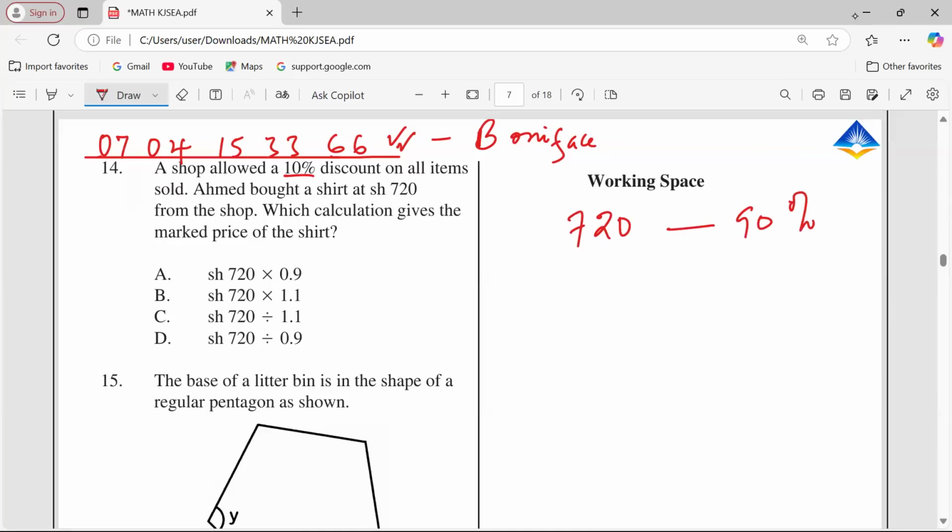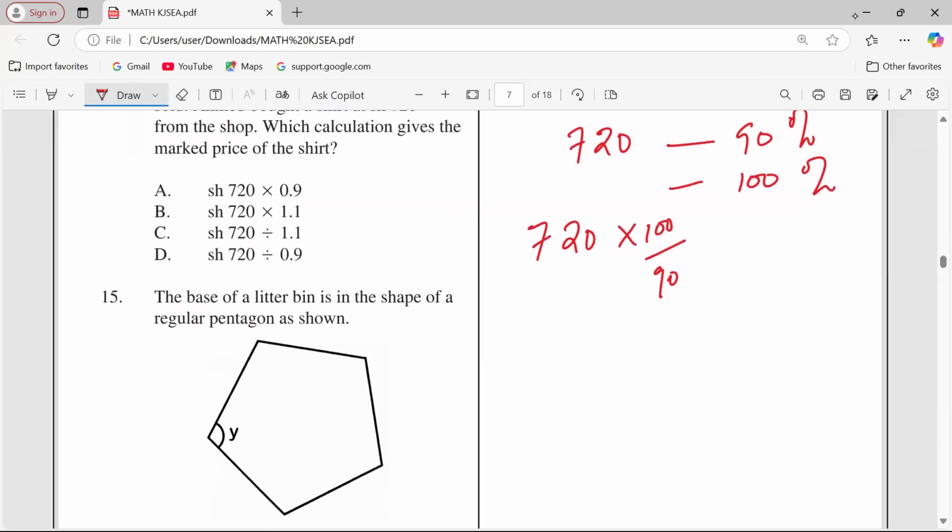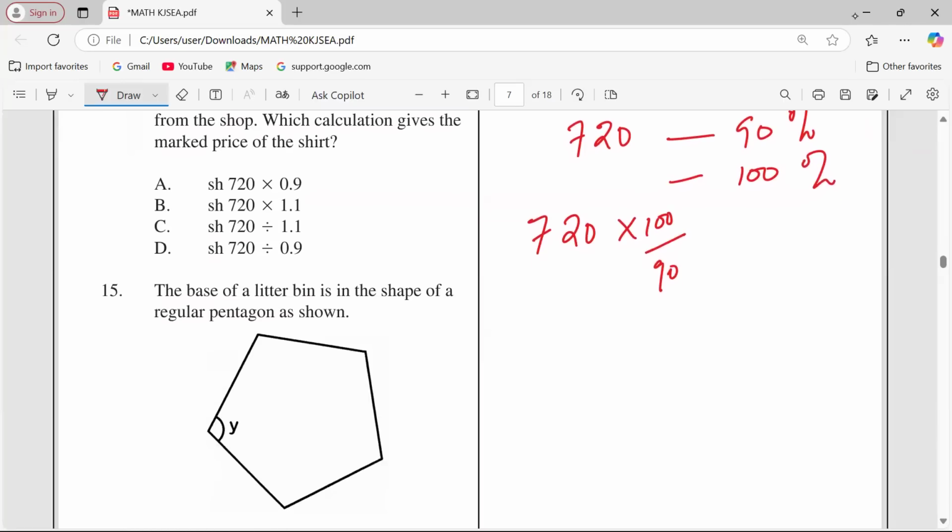And therefore, we can check the 100% of this. So we'll be talking about 720 by 100 out of 90. So multiplying by 100 over 90 can also be expressed as 720 divided by the reciprocal, 90 over 100.